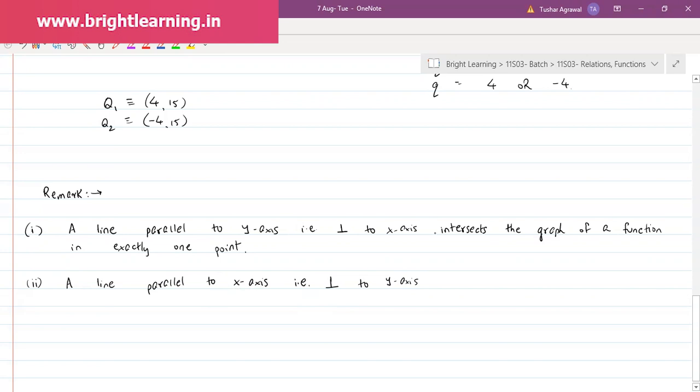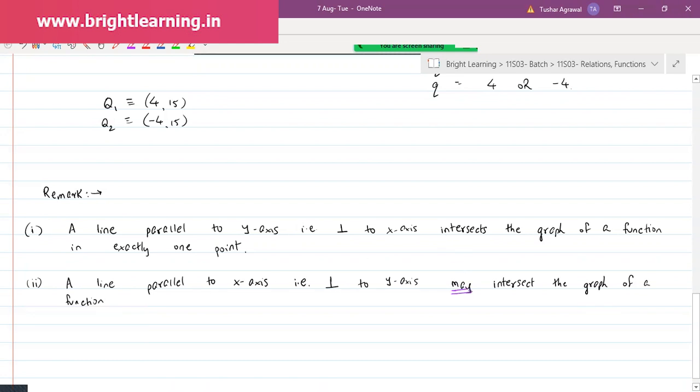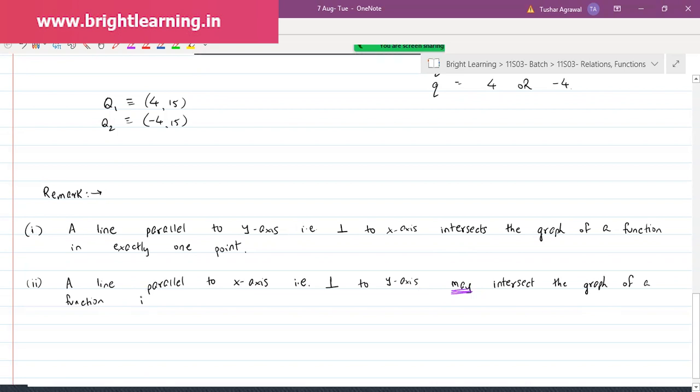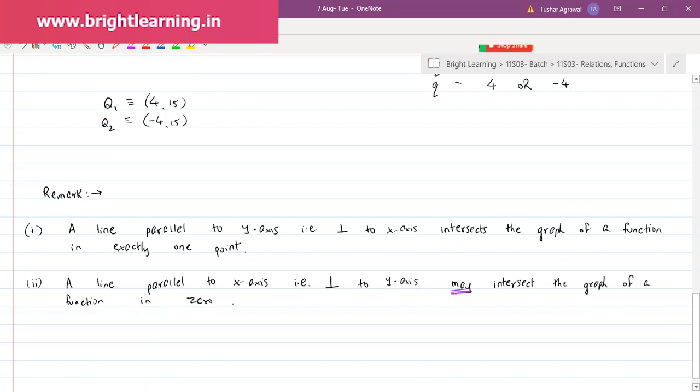So a horizontal line may intersect the graph of a function in 0 points, that is, not intersect at all, in 1 point, or in more than 1 point. For a horizontal line, there is no limit on how many points it will intersect.